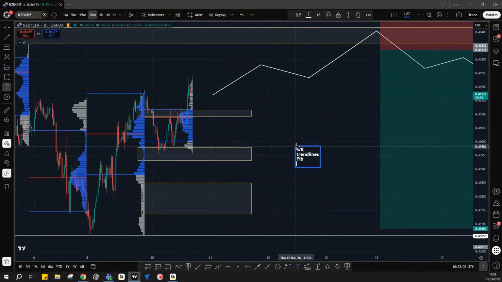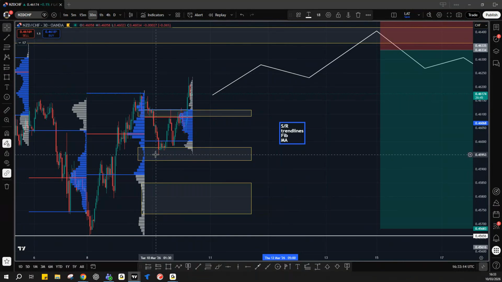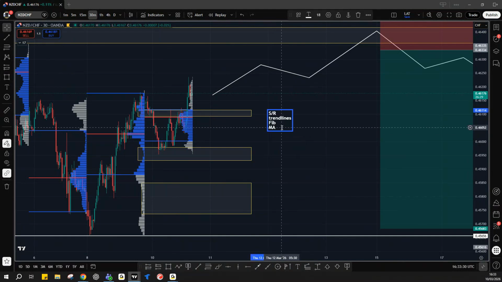We can look for maybe other profile levels to line up with this, just to give us a bit more, maybe a moving average to line up there, something to give that particular level more confirmation. If the price gets here, there's multiple levels of interest that could see different people watching the same level for different reasons and ultimately trading around this point. So lining up those confluences.